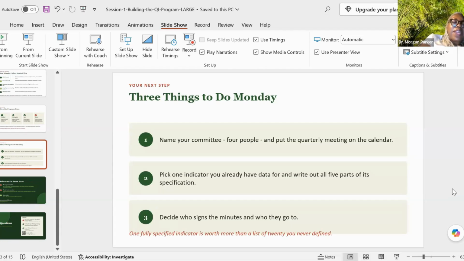And so for next week, if you're in the community and you're the only person, just think about who you'd want to be on your committee. Identify people who, you say, you know what, that'll be a good person. I know somebody who's non-biased, who's going to tell me as it is, at least from an advocate perspective.